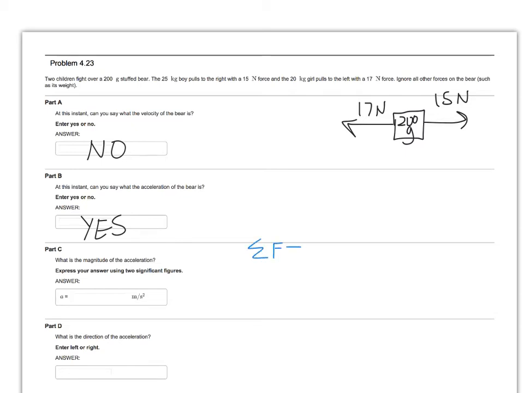So I'm going to say sum of the forces is equal to mass times acceleration. And I'm going to fill in the forces I know. I have 15 going to the right, plus that negative 17 going back to the left. That's going to be equal to the mass of my object, but I have to be careful because it's 200 grams. We want it in kilograms, so we're dividing by 1,000.